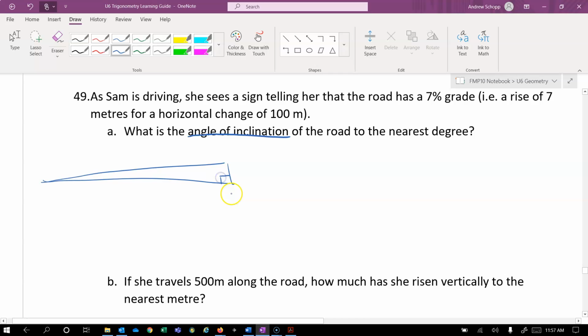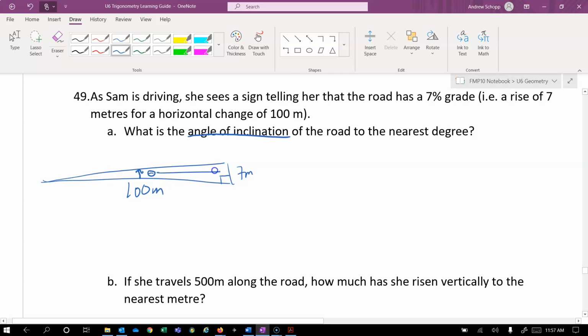So we have this road going up on the top here. For every 100 meters that you travel horizontally, the vertical change would be 7 meters, and that gives us a 7% grade. But we're looking to find this angle in here, theta, the angle of inclination.